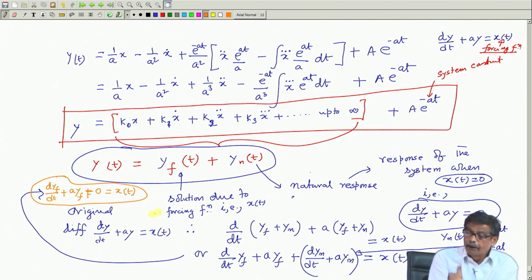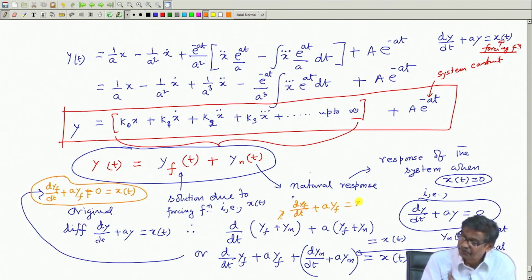And I find that the piece which I am saying is the solution due to forcing function alone will also satisfy the differential equation. This is the statement: y f plus y n satisfies the differential equation. Also d y f dt plus a y f will also satisfy this.